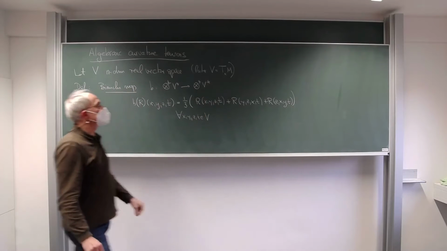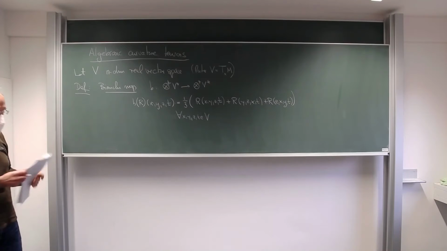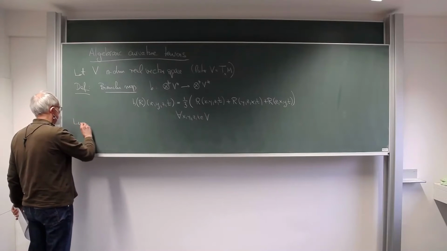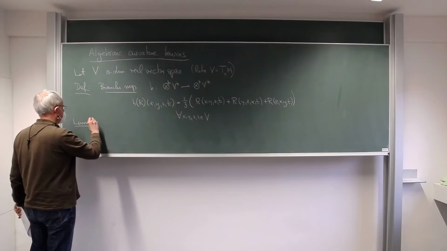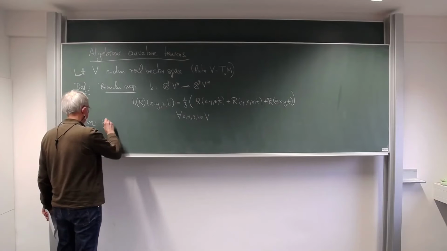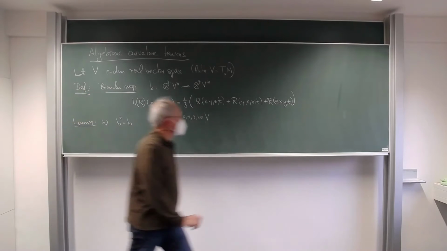So we will be interested in the kernel of this map, where the Bianchi identity is. But anyway, for the moment, what are the properties of this map? Well, first of all, it's a projection. So b squared is equal to b. So let's go through that.